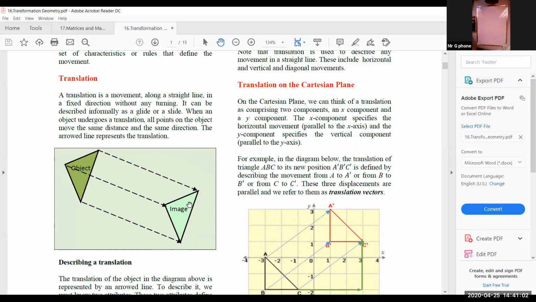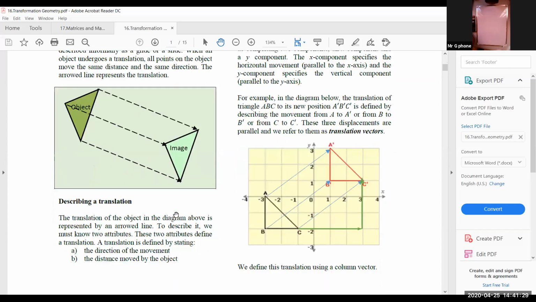Right, we're here. Translation. A translation is a movement along a straight line in a fixed direction without any turning, right? So as you can see here, when an object undergoes a translation, all points on the object move the same distance and in the same direction. And of course, the arrow will show us here. So this is the object here. It undergoes a translation, right? The translation is the same distance apart, as you can see, and of course, it moves in a straight line.